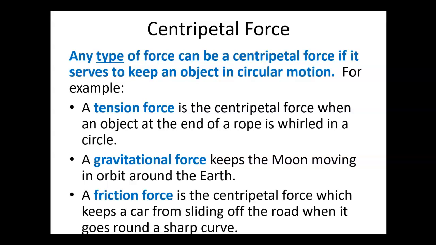It keeps moving back toward the center. The moon moves in a circular orbit around the Earth because of the gravitational force that the Earth exerts on the moon. When a car goes around a sharp circular curve, it is a friction force, or perhaps a normal force if the road is banked, that keeps the car from sliding off the road.